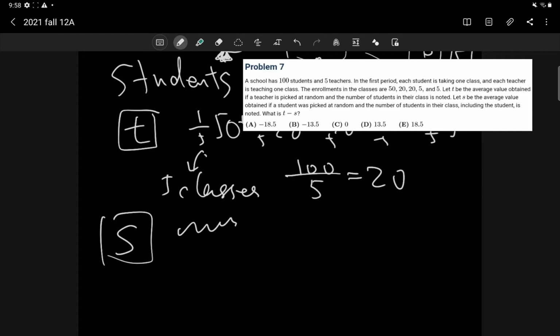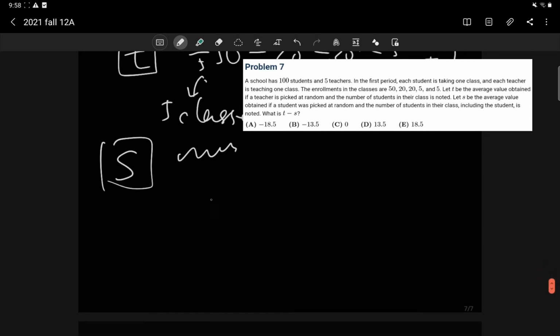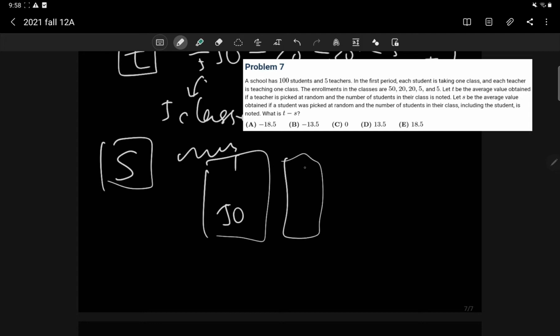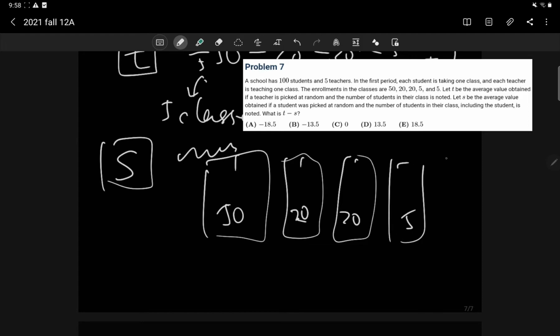What is the chance that it falls into, let's redraw it, 50, 20, 20, 5, 5. So we can ignore the teachers.